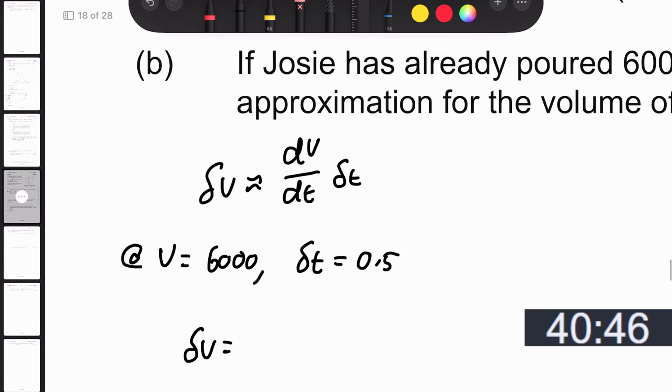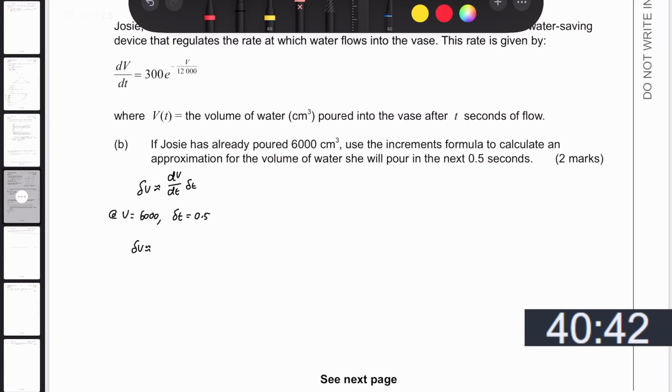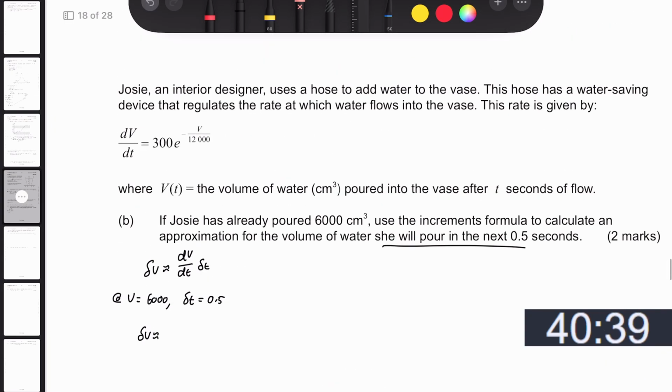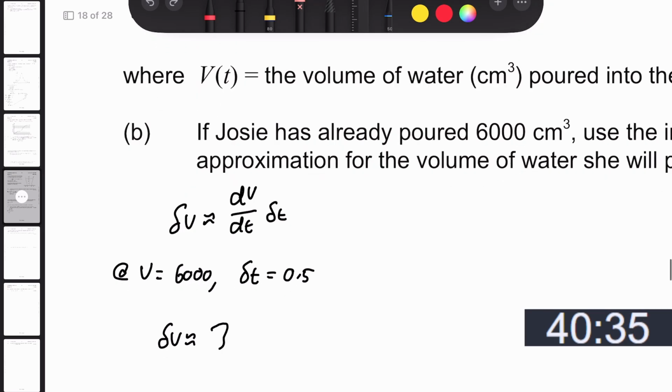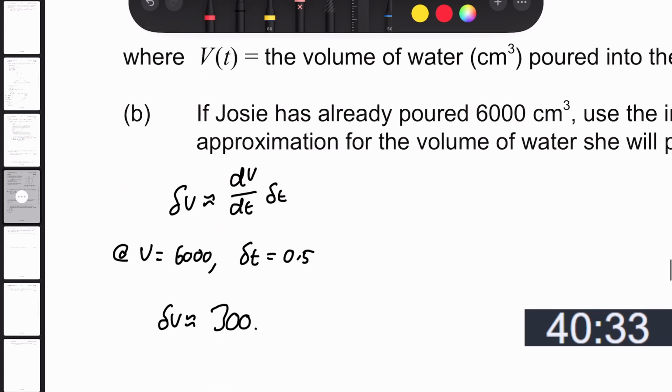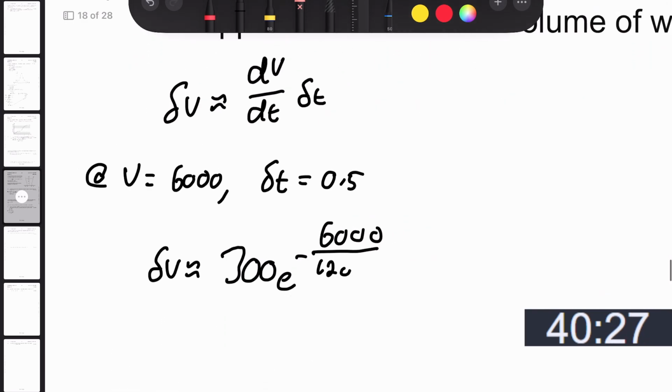Delta V is going to be approximately what she'll pour, okay? So the rate of change is 300 e to the negative 6,000 on 12,000, and then times this all by a half.